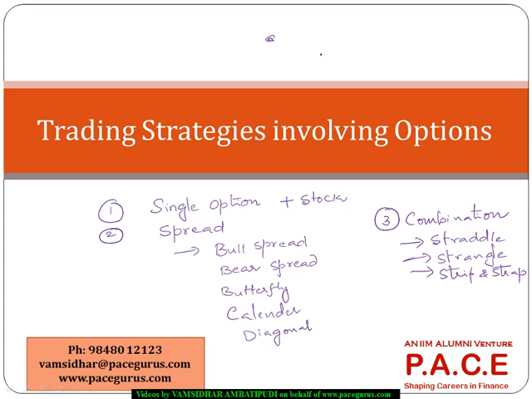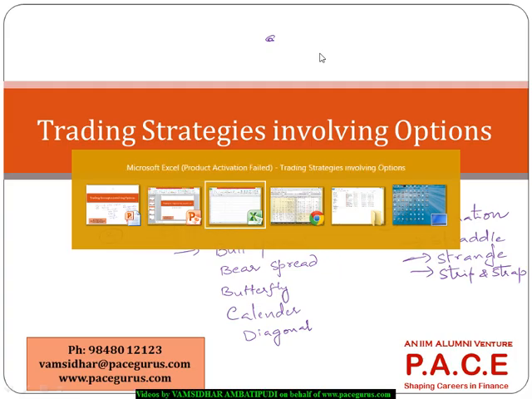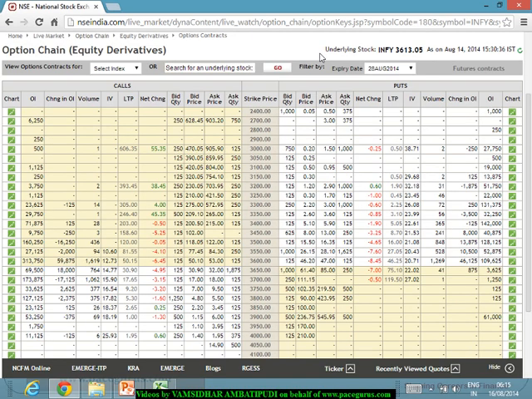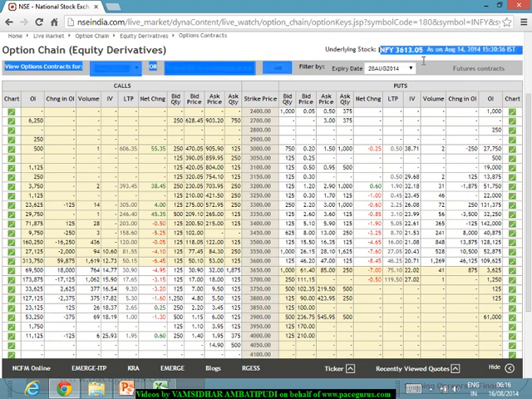Now for that I have taken one simple data set from the National Stock Exchange, the Indian stock-based derivatives exchange market, wherein I have taken a stock, Infosys.